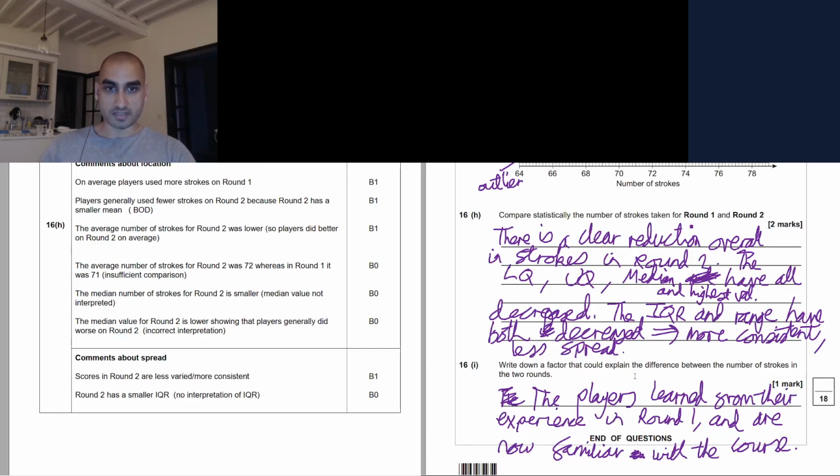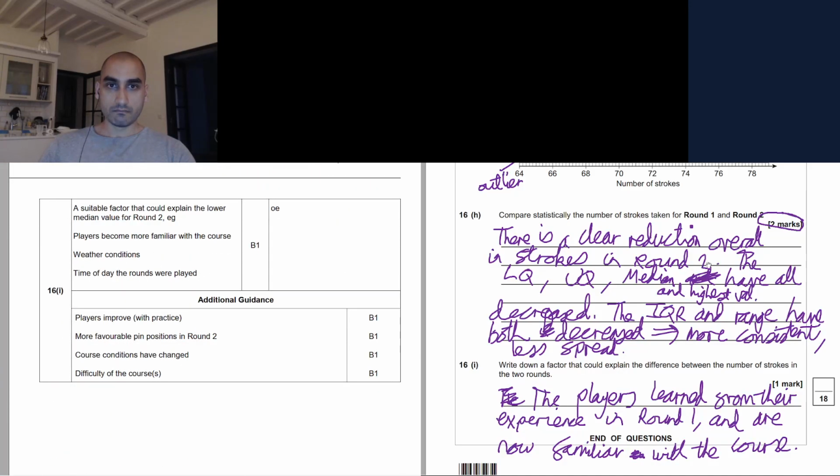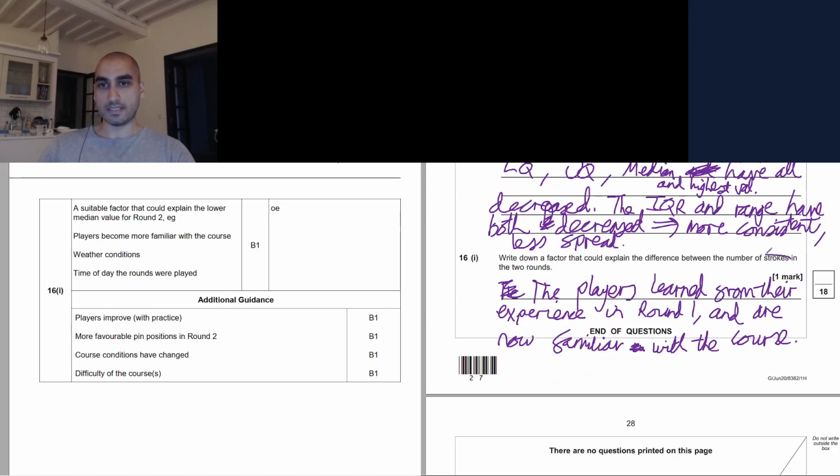Less varied, more consistent. Yeah, I said that. Okay then. So you needed to basically talk about reduction, but for the other mark, you had to make a comment on spread. Okay. Familiar with the course? Yes, yes, yes, yes, yes.